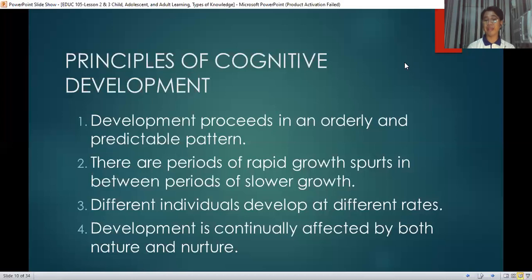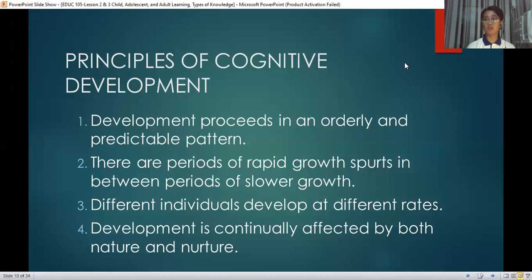If we provide a better environment, a safe environment, a learning-conducive environment to our learner, then we provide nourishment. We nourish the child. So it means to say development is not only about nature, it's not only about genetic composition.